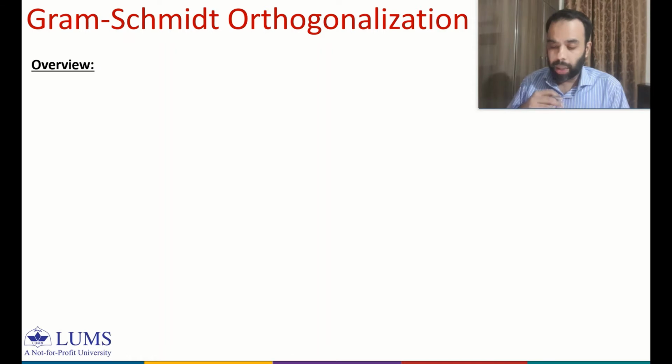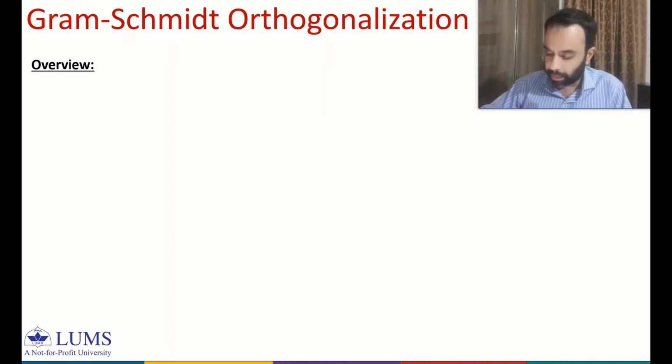Also, we talked about the significance of having orthonormal vectors. Given linearly independent vectors that are non-orthogonal, this Gram-Schmidt process allows us to construct orthonormal vectors that span the same space that is spanned by the non-orthogonal linearly independent vectors.